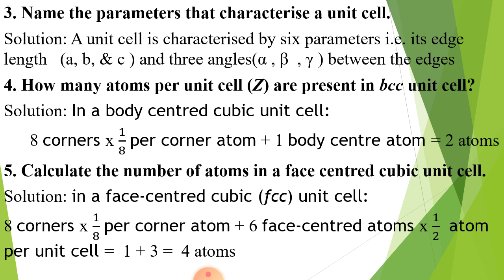Question number 4. How many atoms per unit cell, symbol Z, are present in a BCC unit cell? Solution: BCC means body centered cubic unit cell. Look at the diagram. There are 8 corner atoms and 1 atom at the body center. As you know, the contribution of one corner is 1/8.